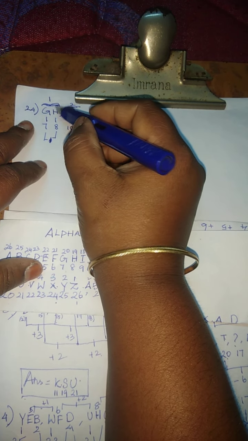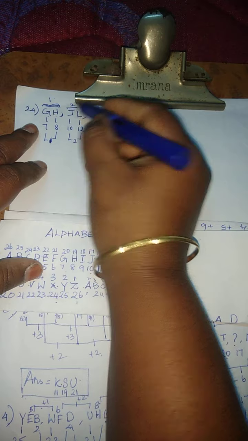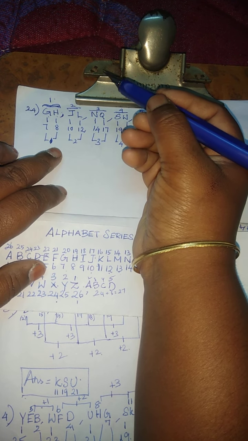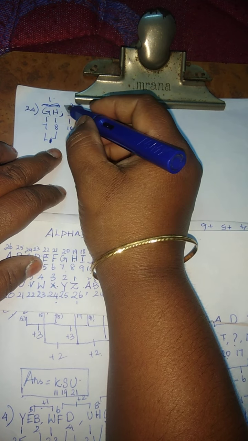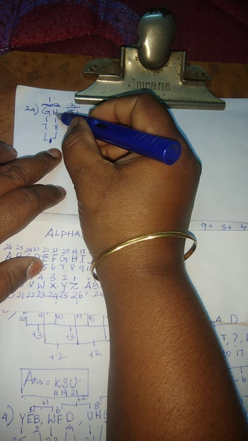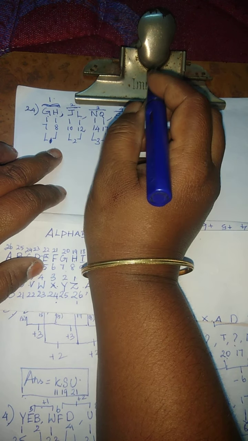So if we take GH as 1, the difference between 1 and 2: they leave I, and then J and L are given.